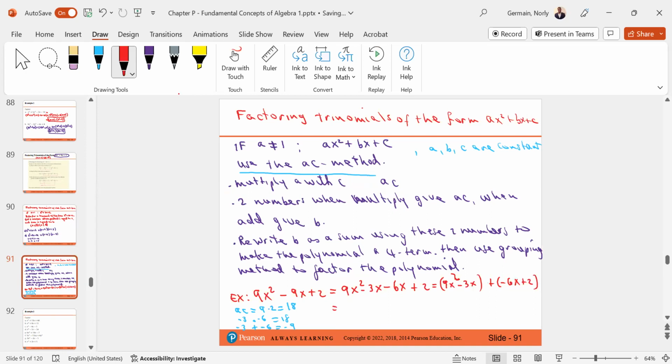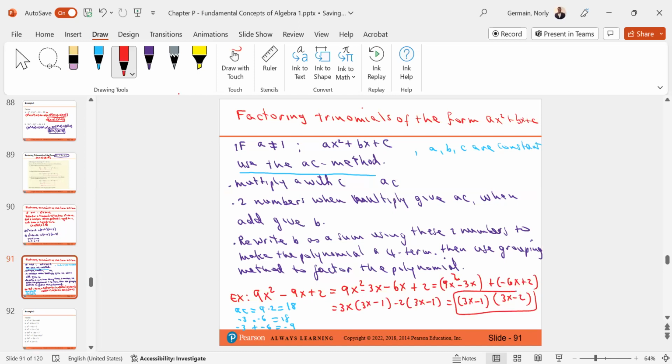Now, let's do the 9x squared minus 3x. I think you already understand it. 3x would be our common factor. So we have 3x minus 1 left. And the second group, we can factor out negative 2. So we have 3x minus 1. So 3x minus 1 is our common factor, and we have 3x minus 2 left.